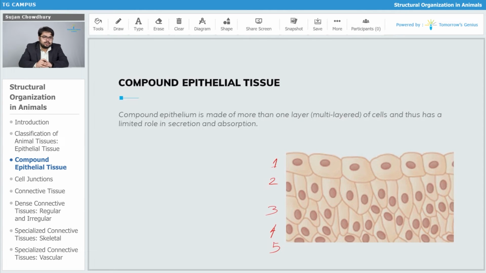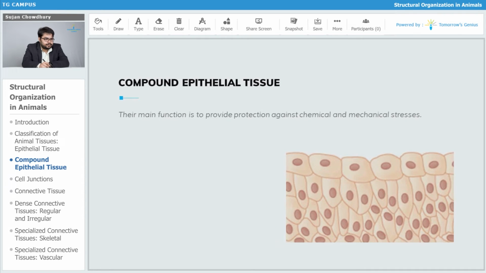As we know, secretion and absorption are related to each other. Secretion is possible only when the necessary content has been absorbed. The main function of this type of tissue is to provide protection against chemical and mechanical stresses.